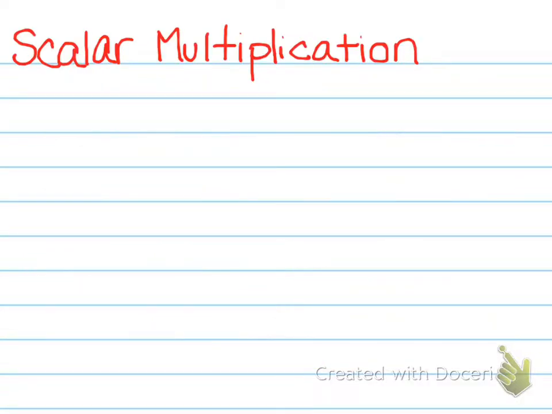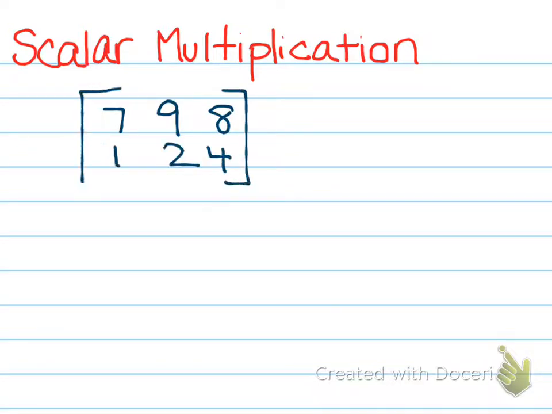You can also do scalar multiplication with matrices. For example, I can take any matrix, let's say we have 7, 9, 8, 1, 2, 4. I can take this whole thing and I can do scalar multiplication, meaning I'm going to make the whole thing 2 times bigger. And again, every element just gets multiplied by 2.